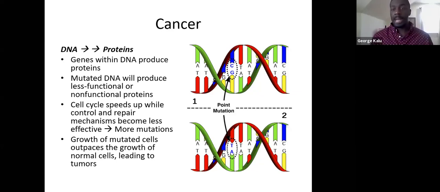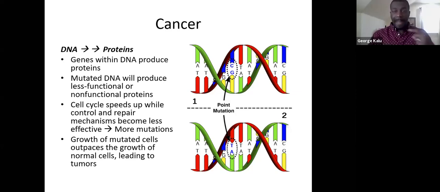For example, if you're looking at a bone cell, bone cells are supposed to allow bones to become hard. They're supposed to be strong, rigid, and so on. But if there's a mutation in that bone cell, let's say that mutation causes that bone cell to become more brittle. It's not going to be as strong. That mutation is going to cause that bone cell to start pushing past the cell cycle a lot faster, and pushing past all of those checkpoints before the conditions of those checkpoints are met.